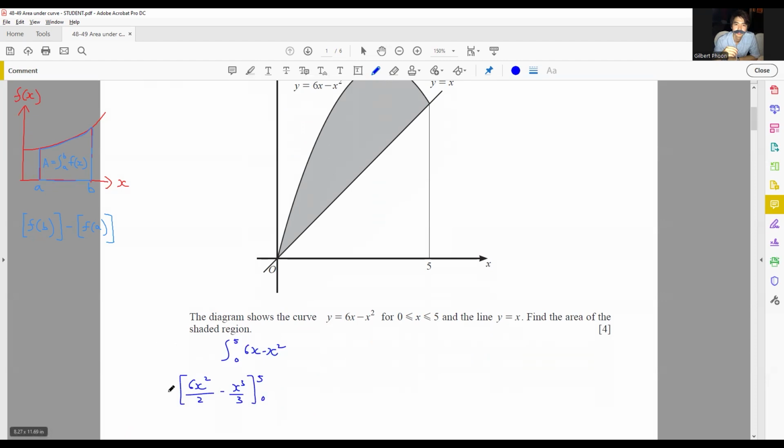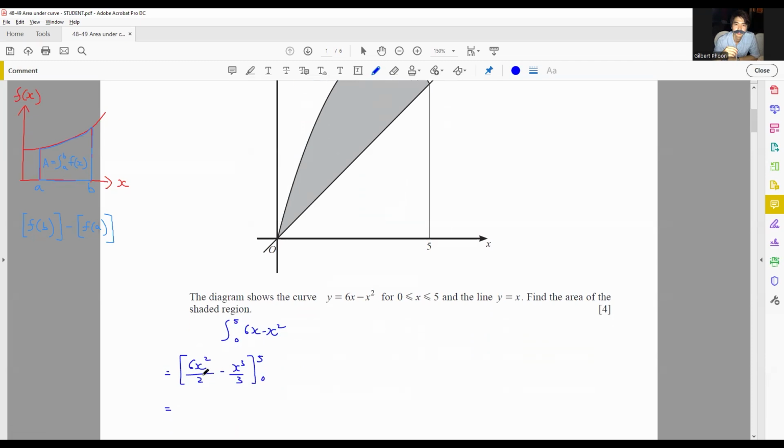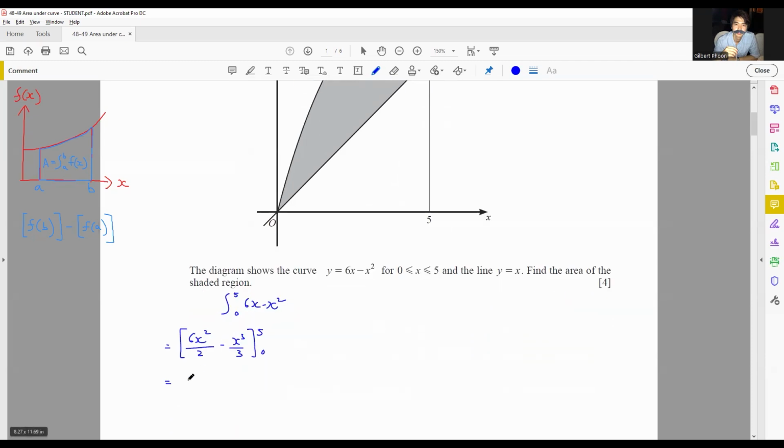Then the next step is to just substitute 5 in and 0 in. This simplifies to 3 times 5 squared minus 5 to the power of 3 over 3, minus 0 of this. So this is just 0, right? Typing this part into the calculator, you're going to get 33 and 1 over 3.